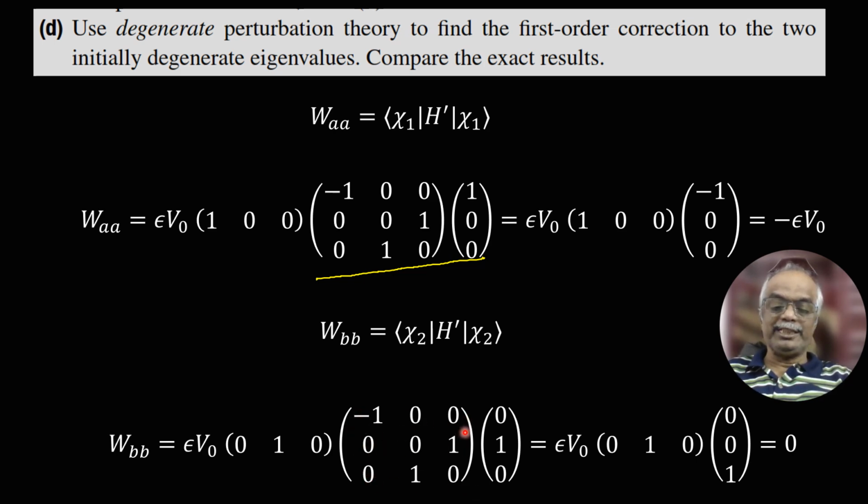If you multiply this and this, first row, this column is 0, second row, this column is 0, and third row, this column is 1. Here if you multiply this and this, naturally this will be 0. That is, WPP is equal to 0.